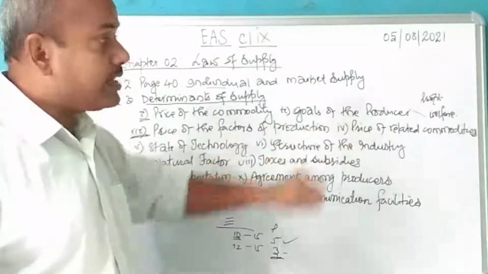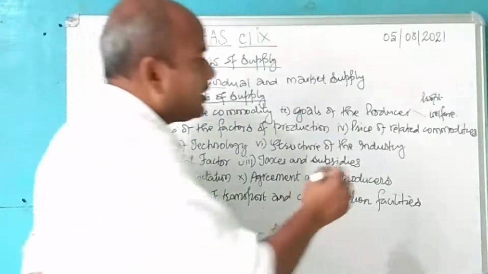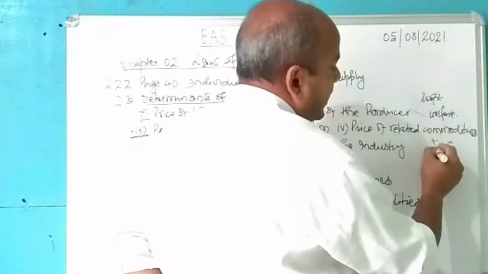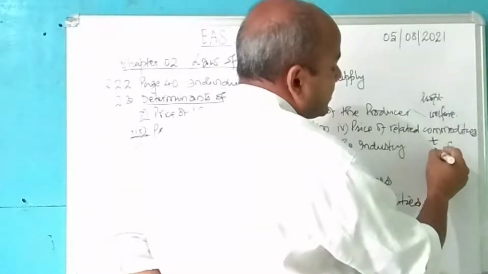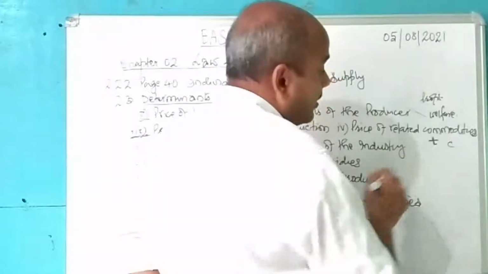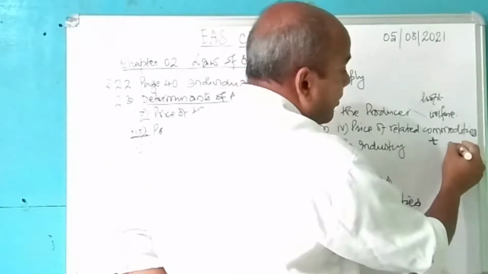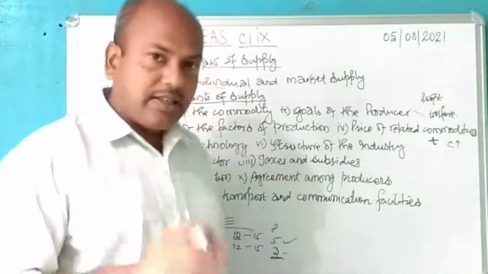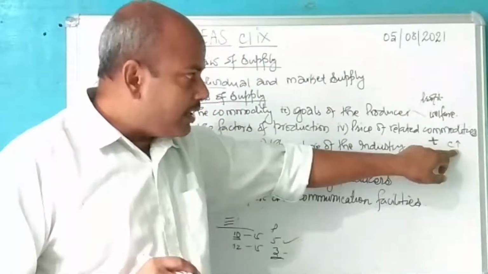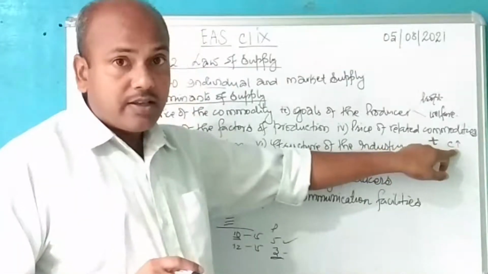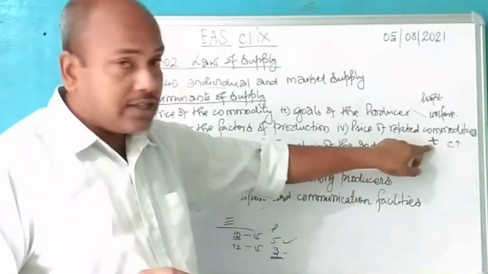Next is price of related commodities. Say, for example, tea and coffee. You are producing tea, but if the price of coffee increases too high, what will the people do? Consumers will stop consuming coffee, and they will start consuming tea.